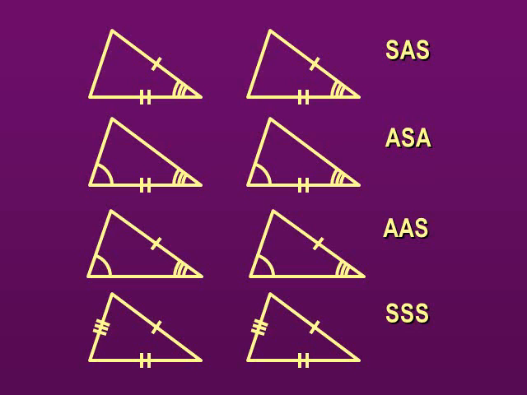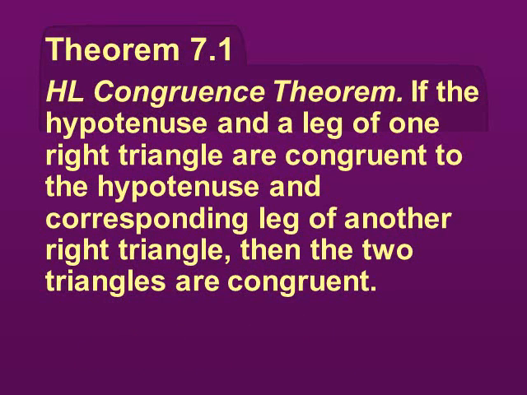And now we're going to do a modification. This is called the hypotenuse-leg, that's what the HL stands for, congruence theorem. So if we have a right triangle and the hypotenuse and one of the legs are congruent to the hypotenuse and the corresponding leg of another right triangle, then the two triangles are congruent.